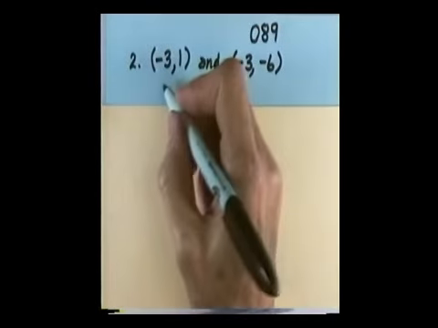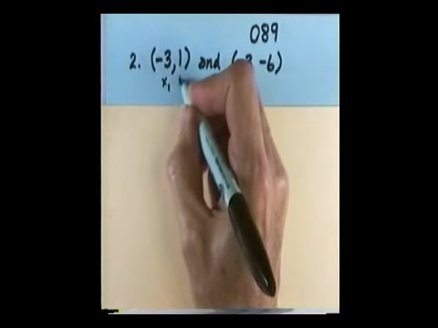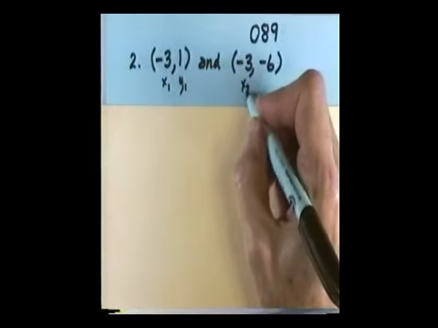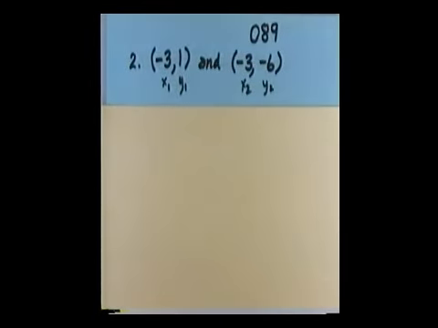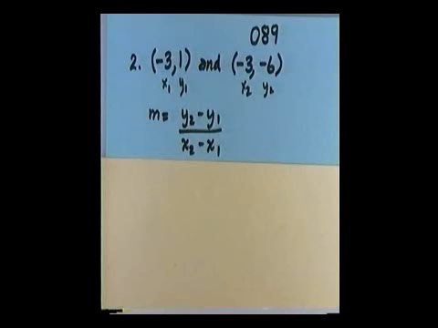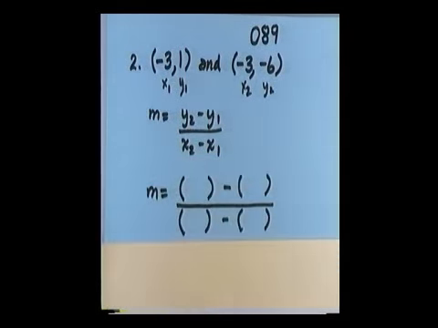We're working with 2 points, x1, y1, and x2, y2. The slope formula: m equals y2 subtract y1 over x2 subtract x1. A set of parentheses for each of these values, so that we can fill in the x's and y's as they belong.